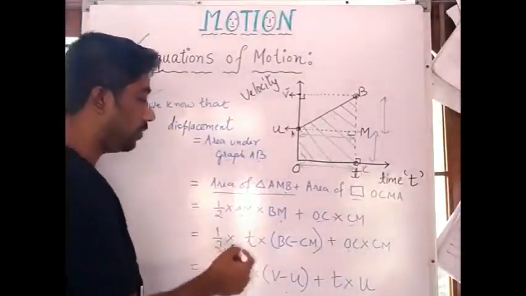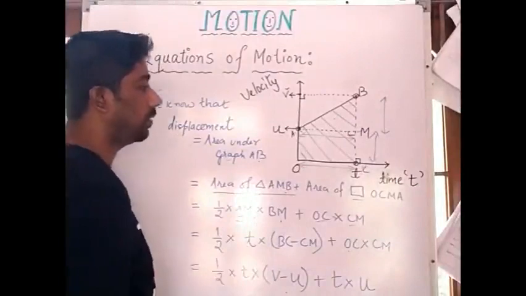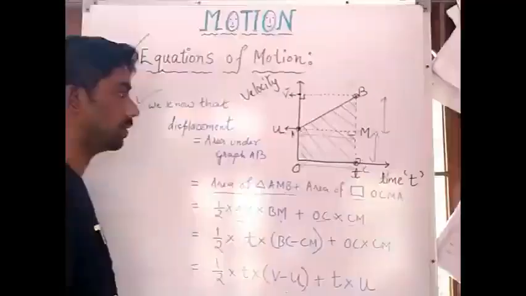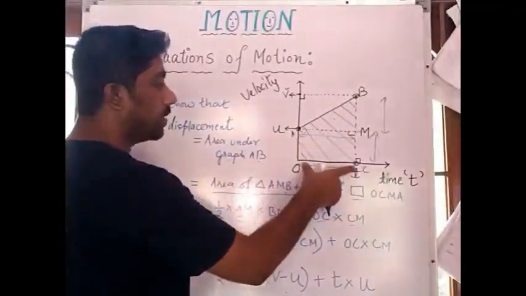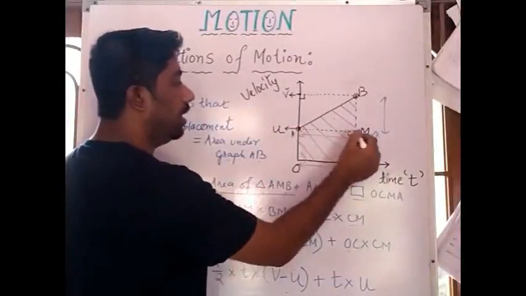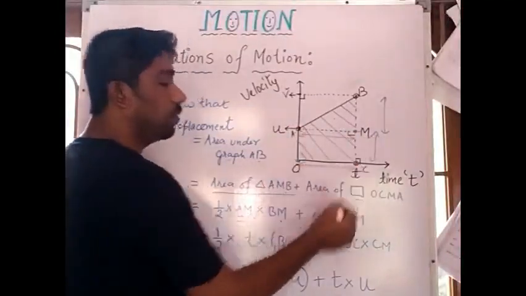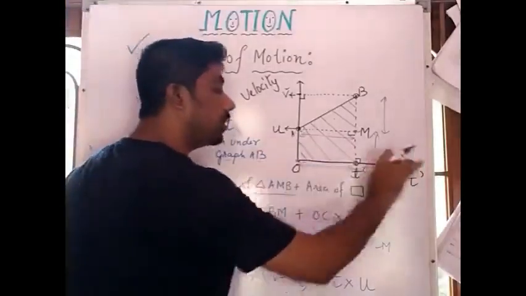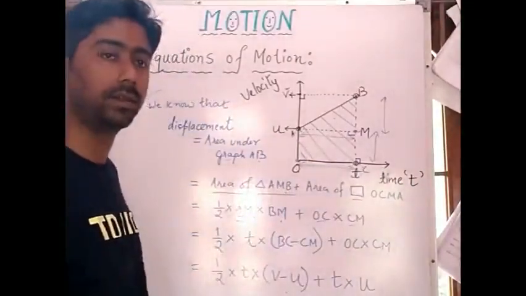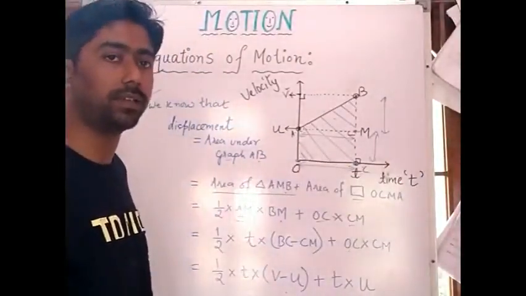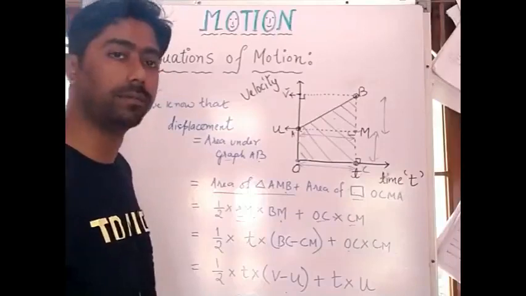Now, what is AM? This distance AM is exactly equal to the distance OC. And where is OC? OC lies on the time axis. That means the magnitude of OC is nothing but some time.